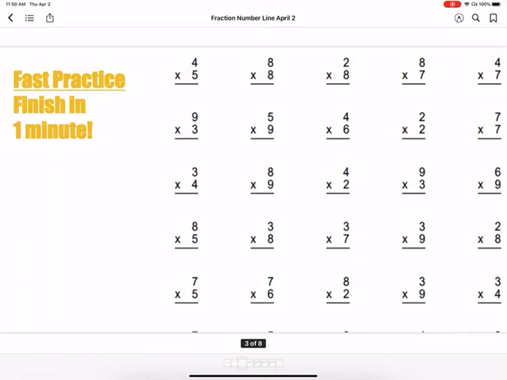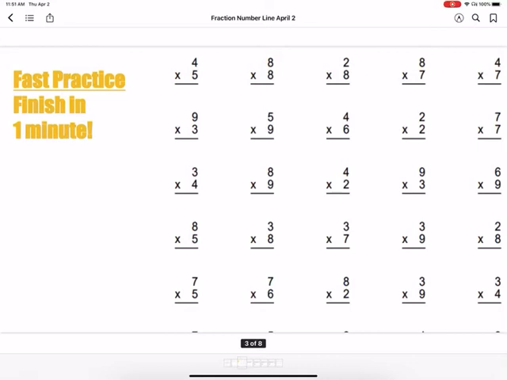Okay, and I'm looking at our time. 30 seconds. How far did you get? And 15 seconds. 10. And we are done.